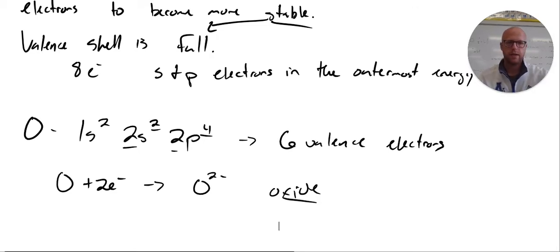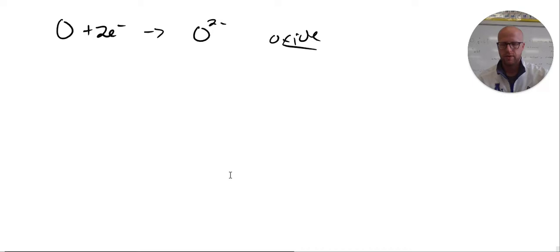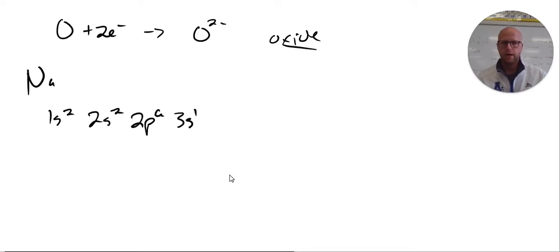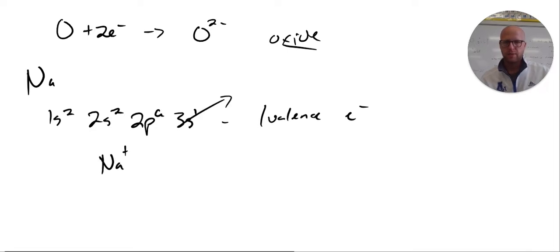Something that would be the opposite of this is a metal. Let's do sodium. Sodium's electron configuration is 1s2, 2s2, 2p6, 3s1, so it has 1 valence electron. It's going to lose that 1 valence electron to become a sodium ion with a +1 charge.